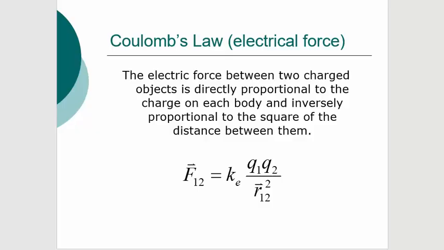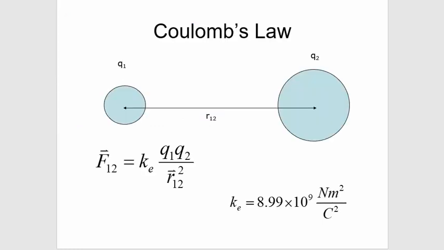So this is the equation for Coulomb's law, or electrical force. And you would just keep adding on more and more of those little kq1q2 over r12 squareds for each charge that you added into the system. This is kind of a basic diagram. You've got the two charges, and the distance in between the centers of them.